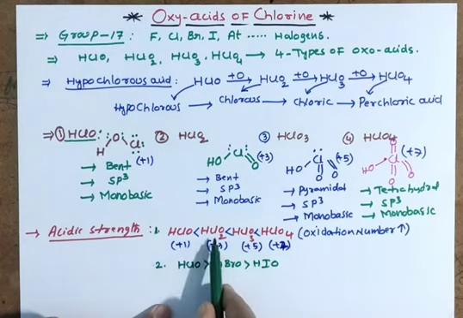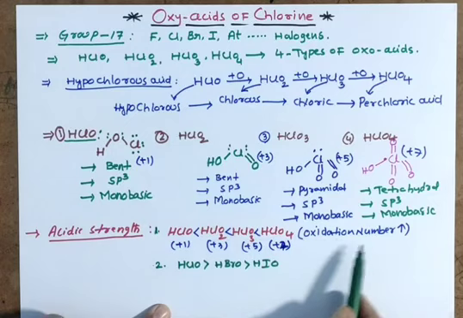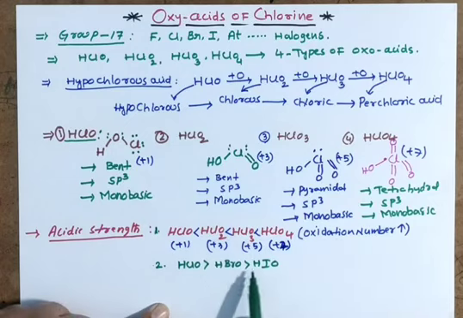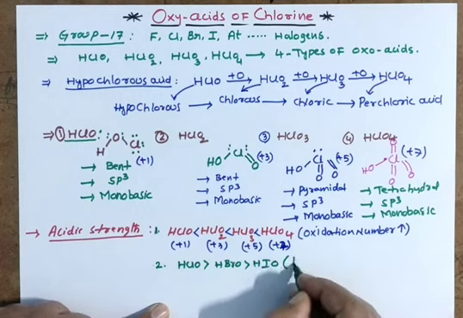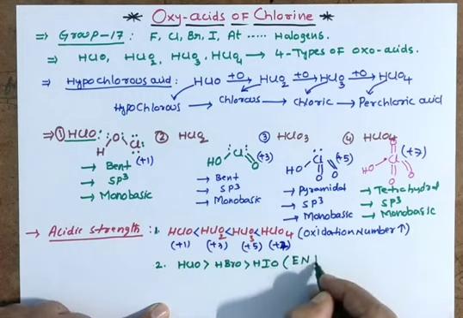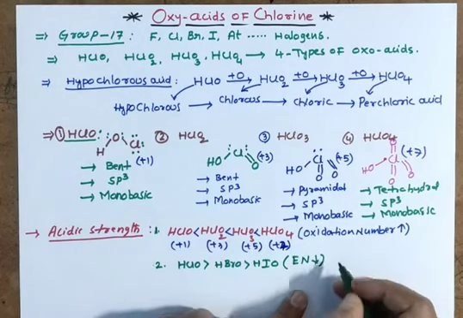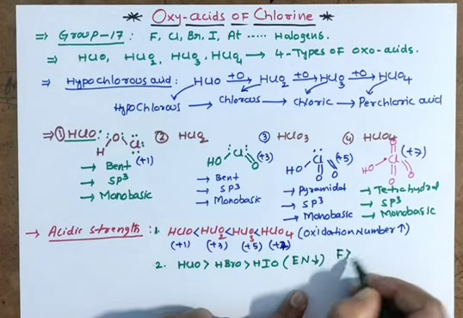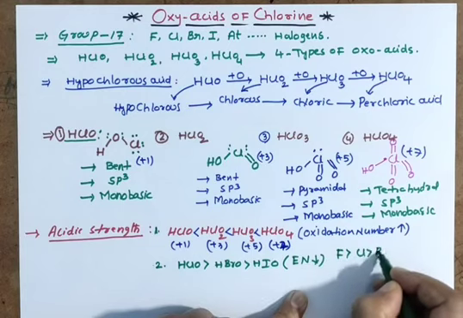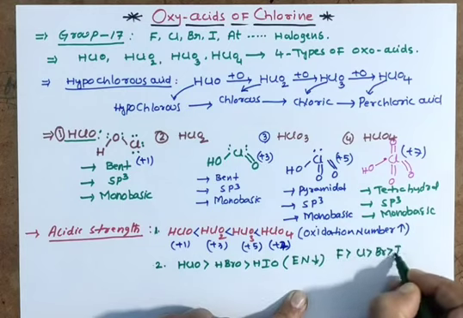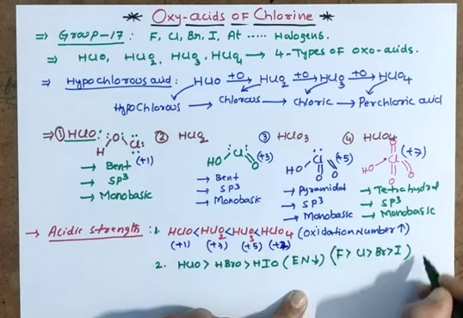Same central atom, we go for oxidation number. Different central atom, acidic strength decreases. The reason is that electronegativity decreases down the group. Remember the electronegativity order: fluorine, chlorine, bromine, iodine.